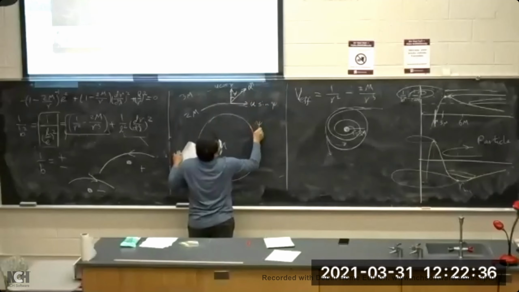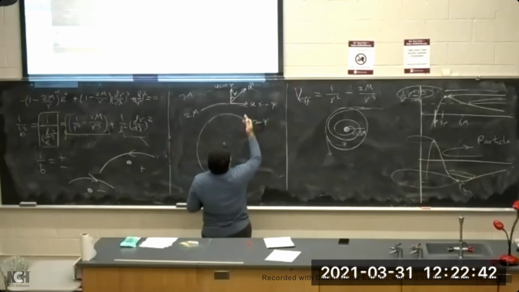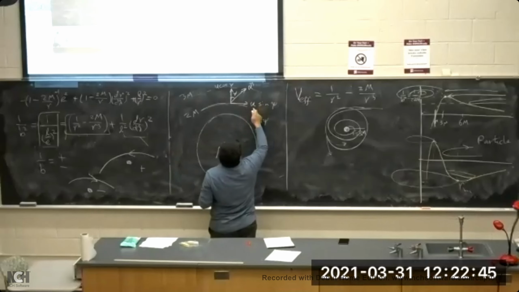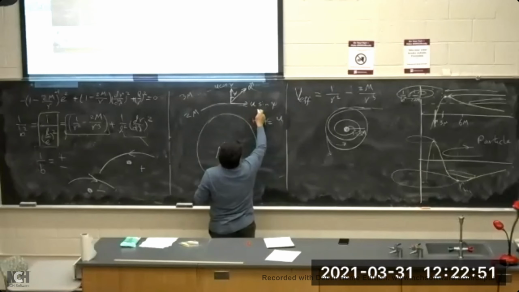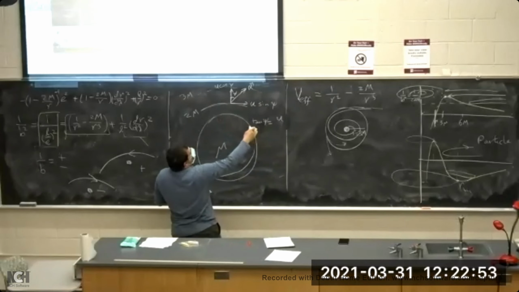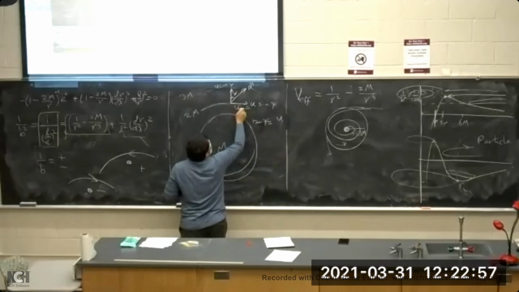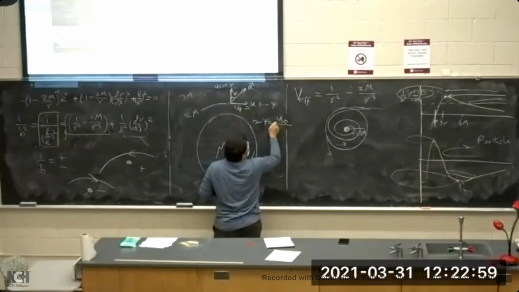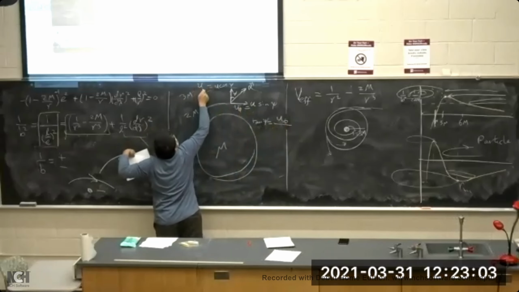And simply tan psi is u in the tangential component, which is the phi component, u phi, divided by the radial component of the velocity, u r.